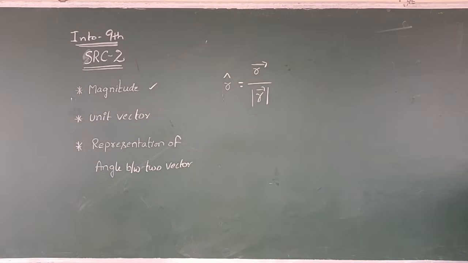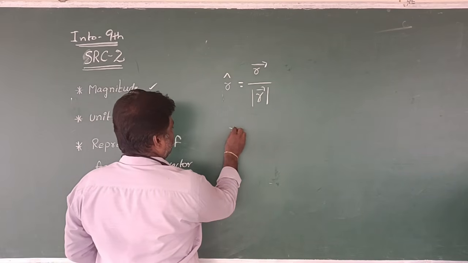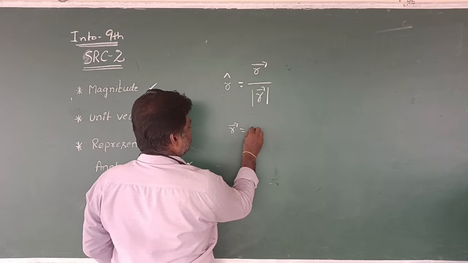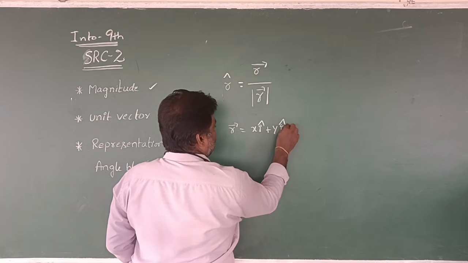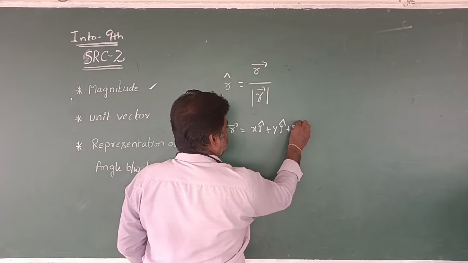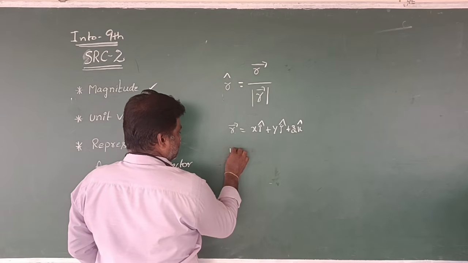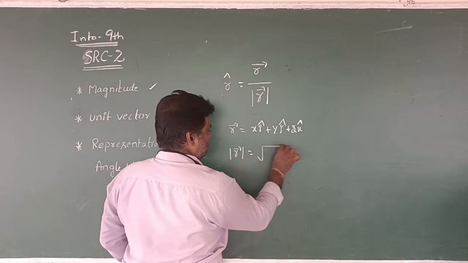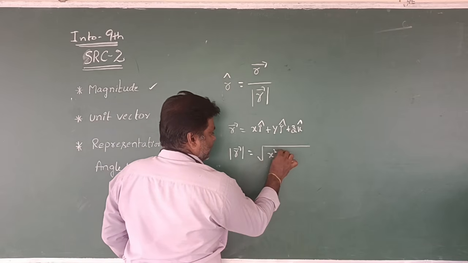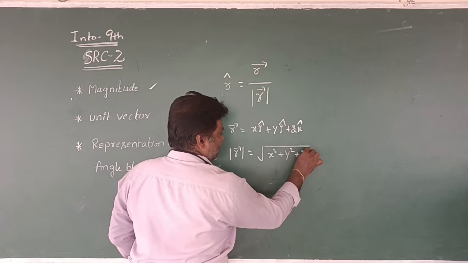The given vector is not always a unit vector. One example, the same example I will take. R bar is equal to x i cap plus y j cap plus z k cap. What is the magnitude of the given vector? In the previous session we discussed this. The magnitude of the given vector is root over i coefficient square plus j coefficient square plus k coefficient square.